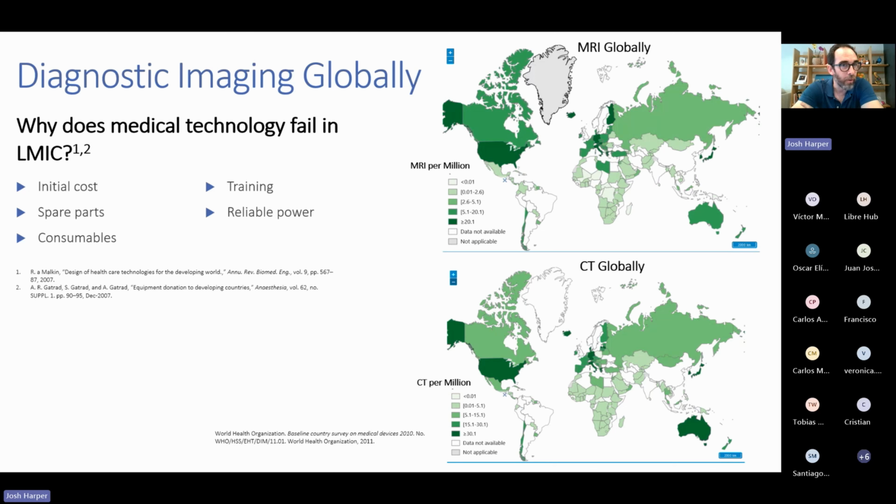And we know a little bit about why the technology fails. There's been lots of good work on that question. Some of it's cost, some of it are spare parts, consumables, training, sort of the logical things that you might consider to be a problem in resource restricted areas.